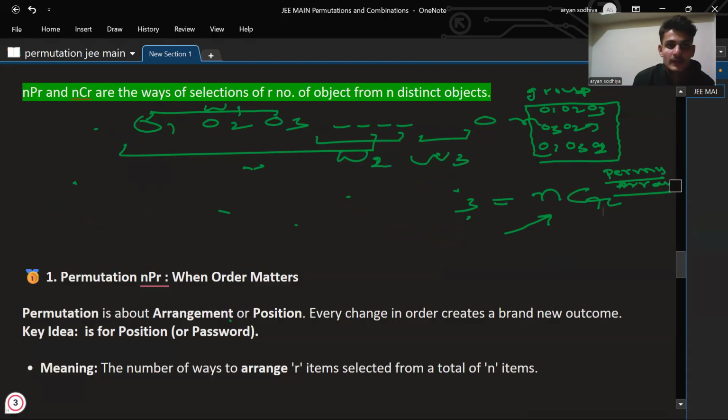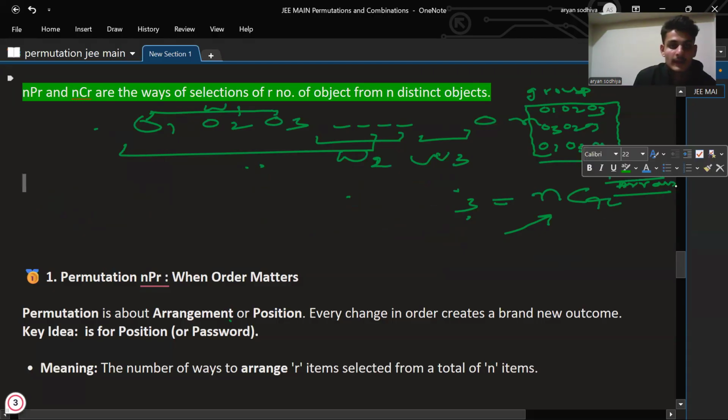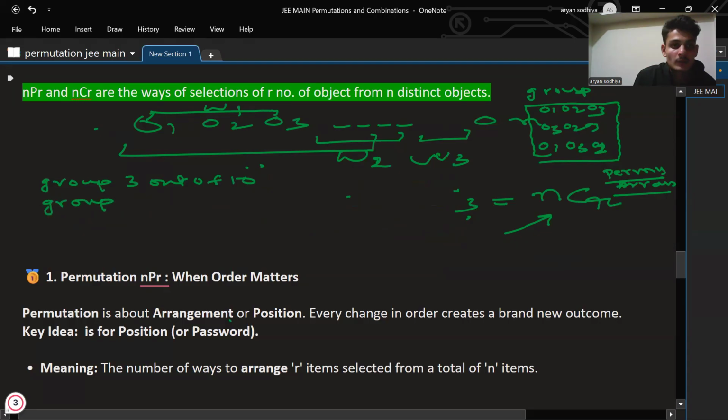If there is group 3 out of 10, group r out of n, group or select, these all mean nCr. nCr would be useful here, and 10C3 for the first case.